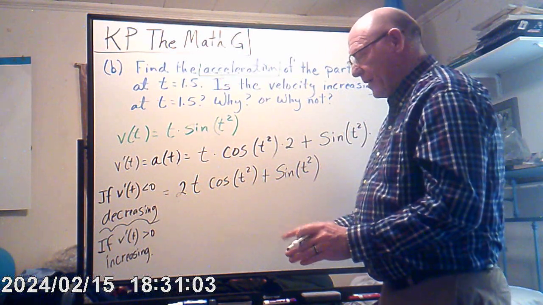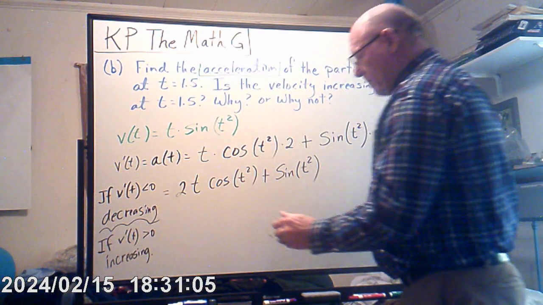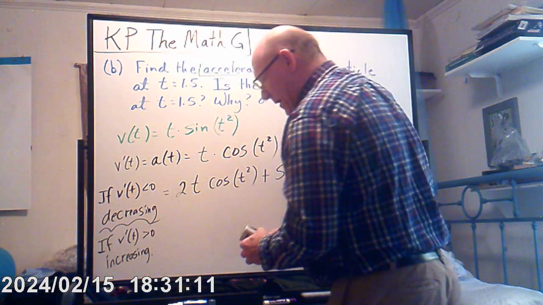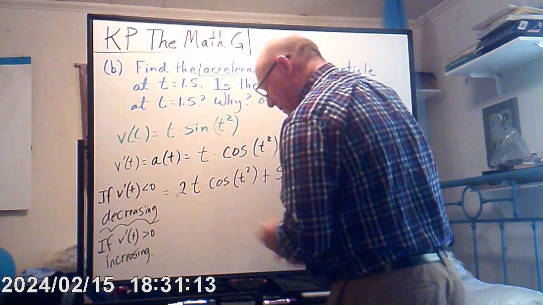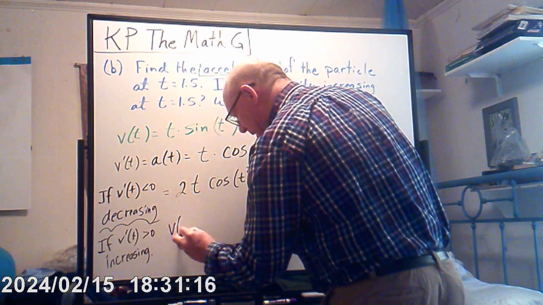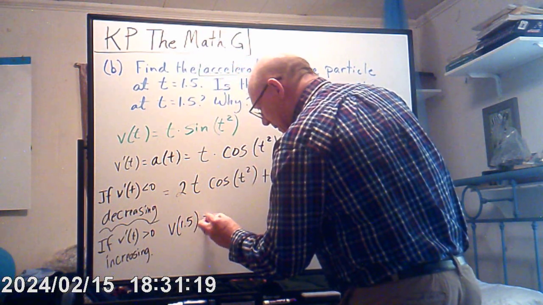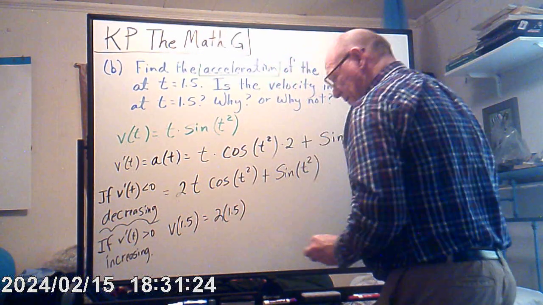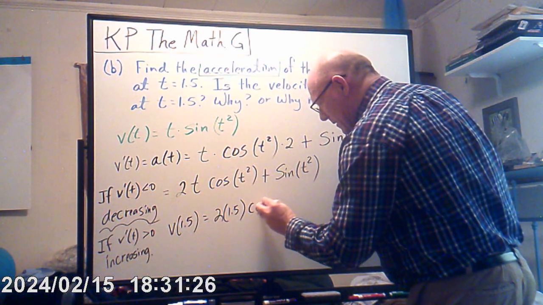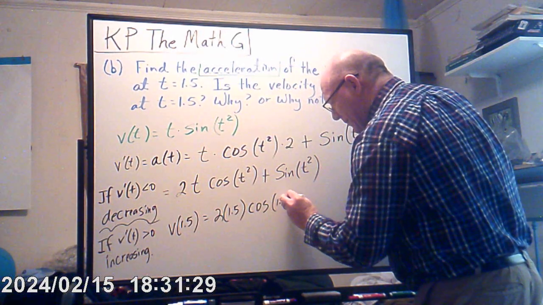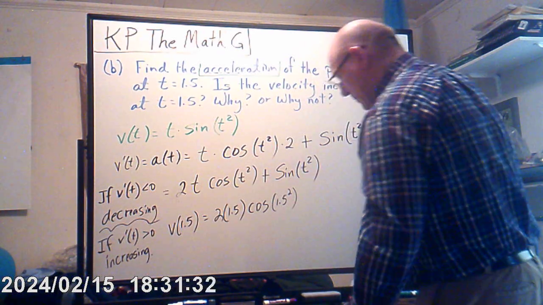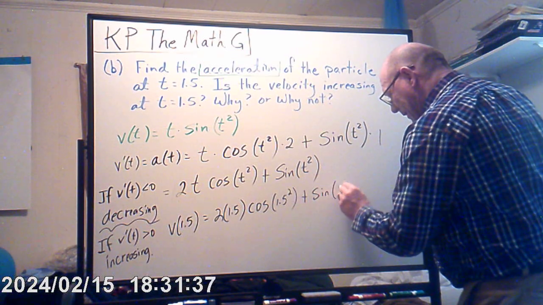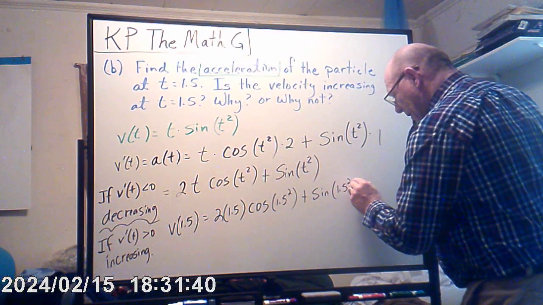Let's see which one it is. Let's see, a at 1.5 is equal to 2 times 1.5 cosine of 1.5 squared plus sine of 1.5 squared also.